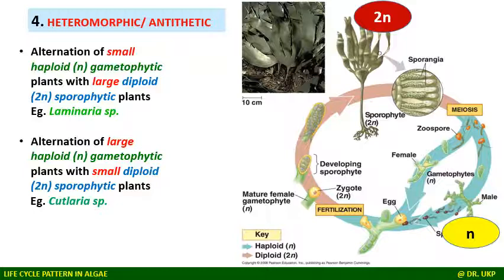In case of Cutleria, these things occur reversely, that is the sporophytic plant body is very small and the gametophytic plant body is large. Okay, these two types of events we can find in the heteromorphic or antithetic life cycle pattern.